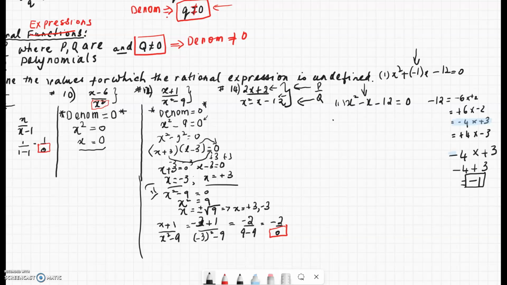Now we're going to rewrite the expression. We'll write the negative x as negative 4x plus 3x minus 12 equals 0. Now we factor by grouping. Factor the x out. x times x is x squared, so one of the x's goes out and you're left with x.